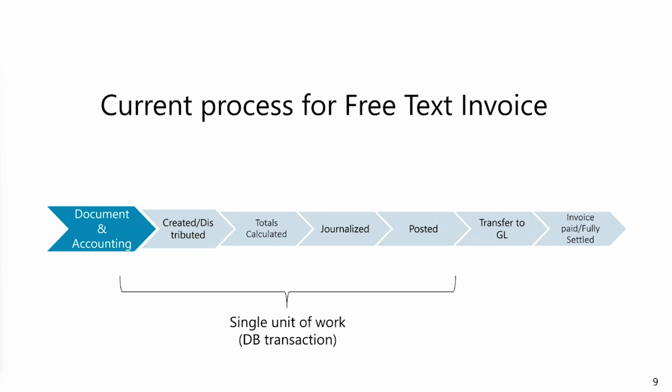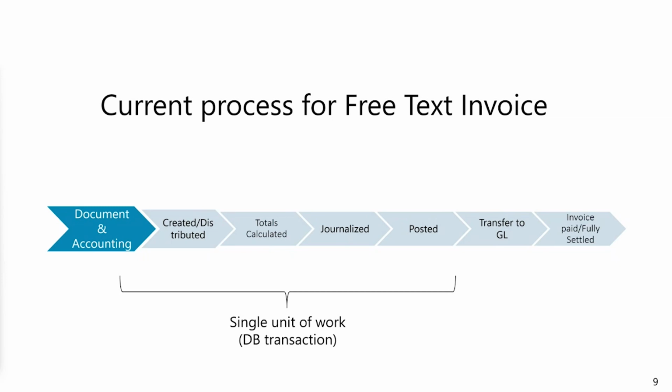And so this is again looking at the life of just one document as it would move through all the activities that need to happen for that one document. As mentioned a bit ago, the industries that are using free text invoices often are billing systems that bring in, when the billing is completed, they've got to represent that as an invoice to their customers, and they can bring that in and represent that with the free text invoice interface.